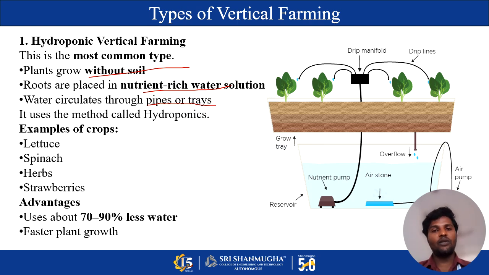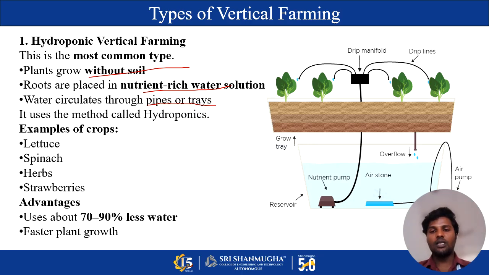The main advantage of this type of system is that we use about 70 to 90 percent less water, and you can achieve faster plant growth. On the right side I gave a picture as a pictorial representation of hydroponic vertical farming. You can see how it works in this diagram.